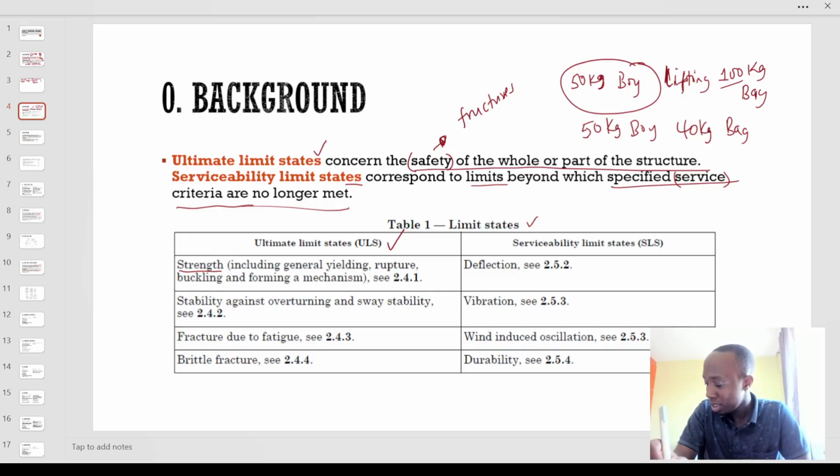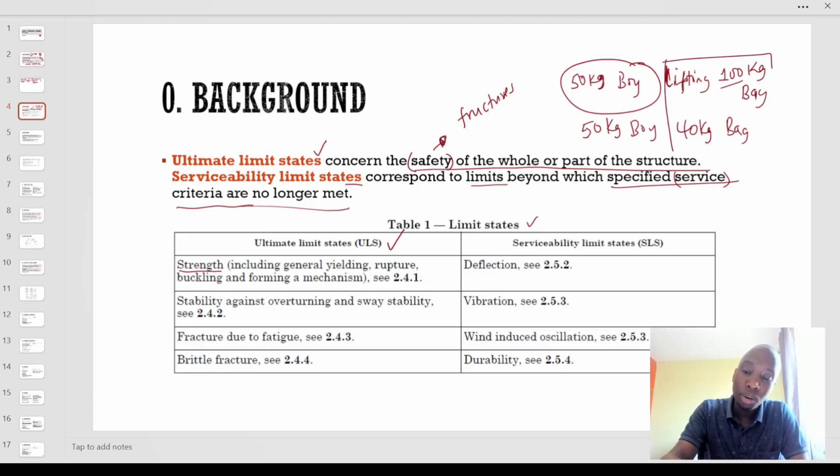Yes, so the boy suddenly becomes strong. So it means that strength is relative, depending on what it will handle.